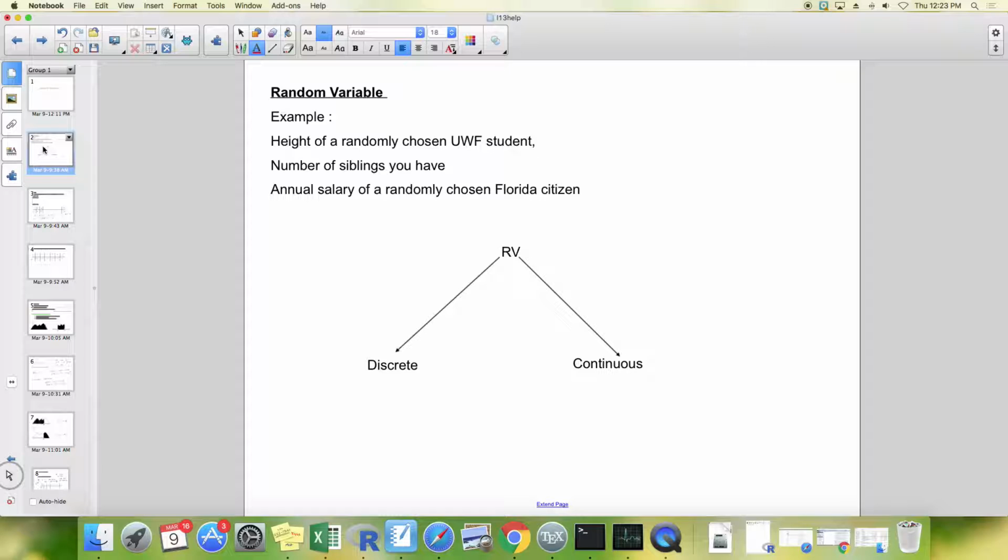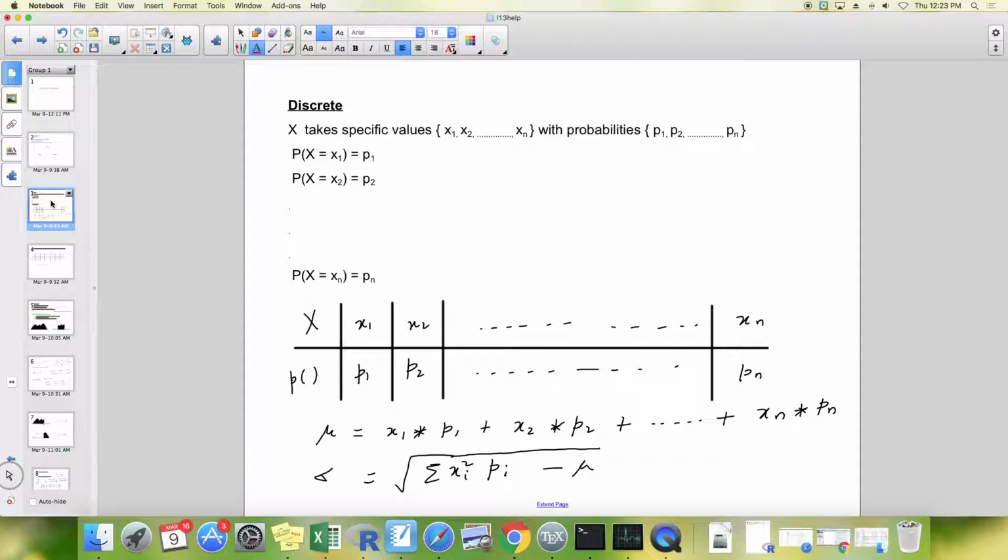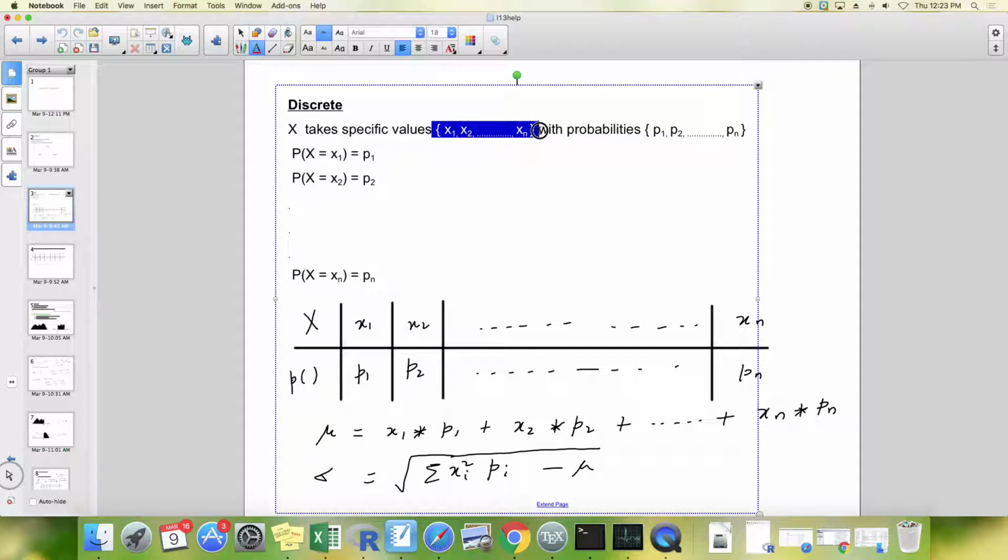Now, we know that random variables can be of two types, discrete or continuous. So we have done all these things before. So what's discrete? A discrete random variable x takes specific values x1 through xn with probabilities p1 through pn.